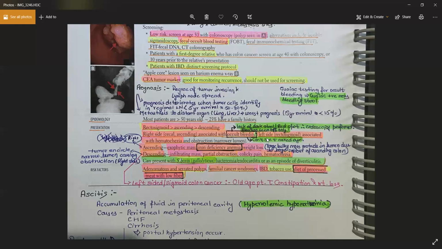For the left side, the symptoms will be occult bleeding as well as obstructive symptoms. And that's why the ascending type can cause iron deficiency anemia and weight loss, because just like any other cancer, you will have weight loss and fatigue. For the descending colon, because of the mass, you will have partial obstruction, colicky pain and hematochezia.